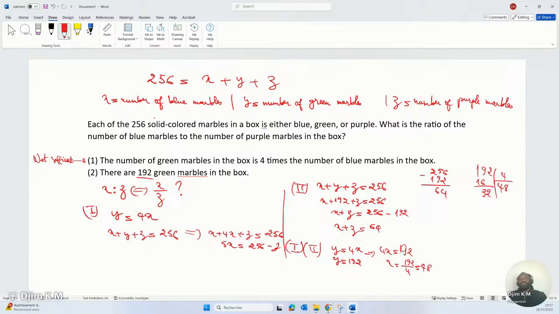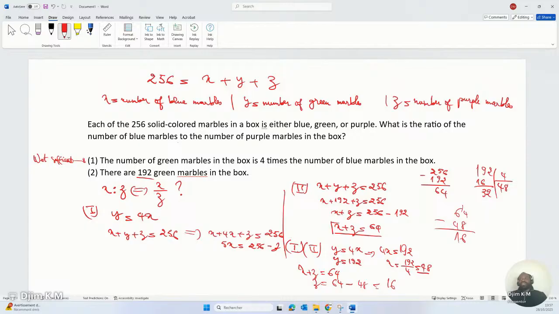Since we have the value of x, and we also know from the second condition that x plus z is equal to 64, we can find the value of z: 64 minus 48, which is 16.